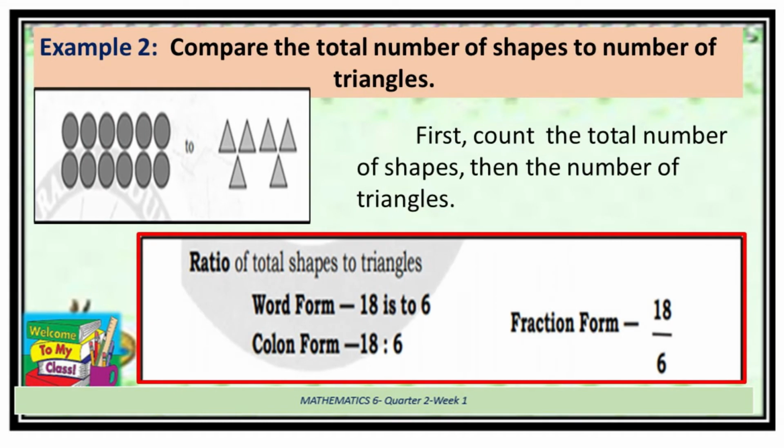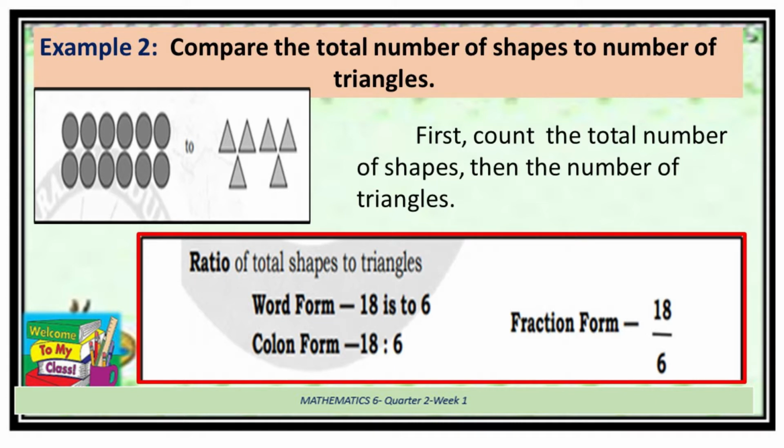Another example, example number 2. Compare the total number of shapes to the number of triangles, and vice versa. First, count the total number of shapes, then the number of triangles.